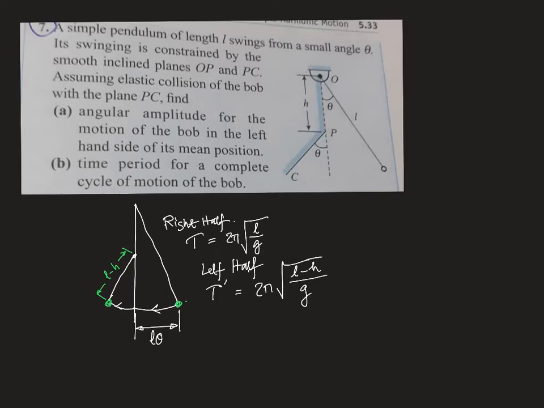So if it were full SHM, say the amplitude would have been A for the left part, right? So let A be the amplitude of SHM for the left part. Okay, are you getting me?